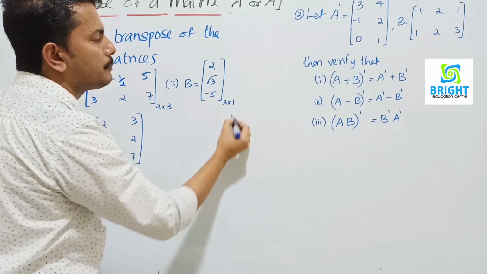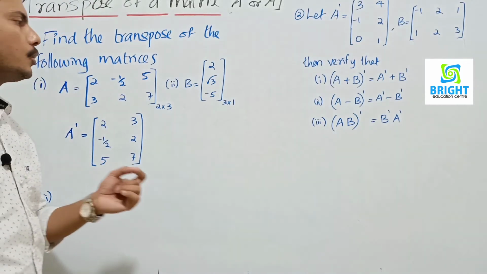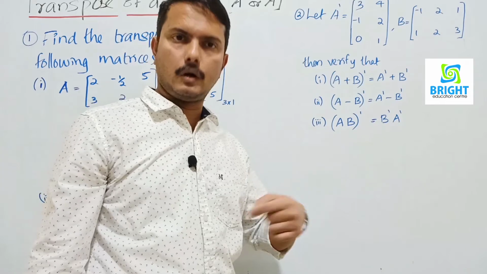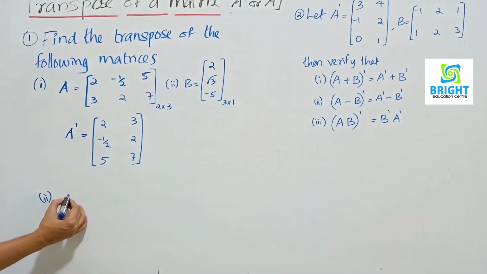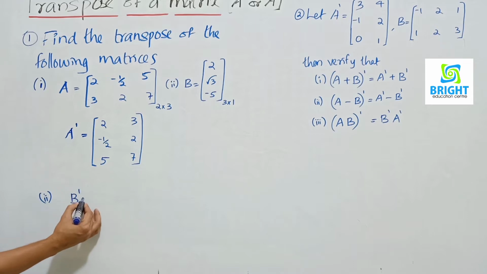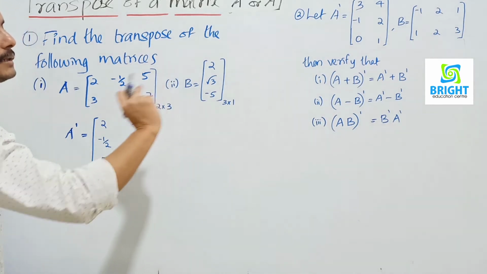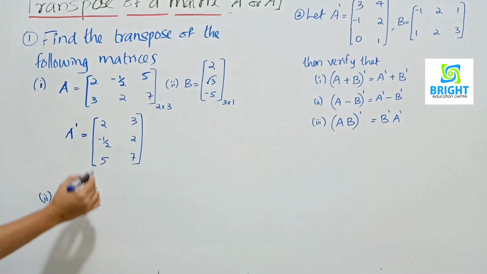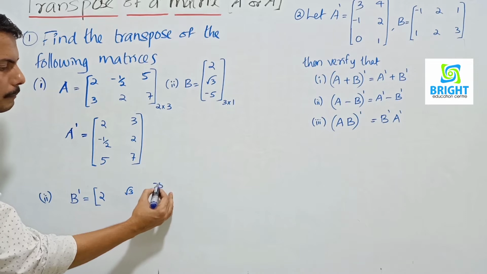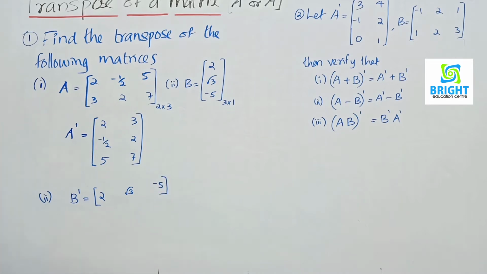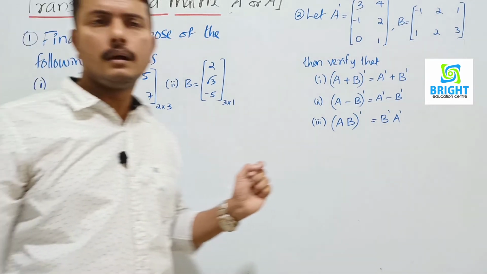So the order is 3 by 1, and the resultant should be 1 by 3. That means the order of the transpose of that matrix will be 1 by 3. So what do you obtain? You will be getting 1 row and 3 columns over here. So it will be 2 root 3 minus 5. So that's a very basic part.